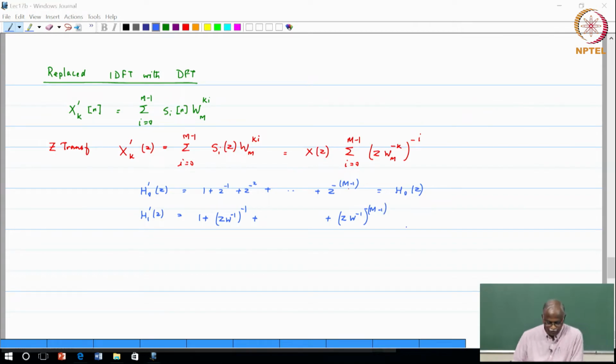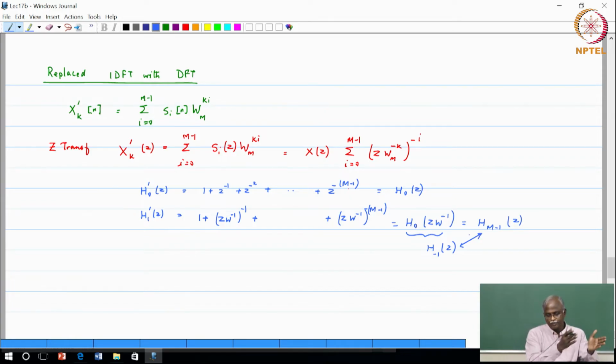And if you simplify, you can show that this is nothing but H naught of Z W minus 1, which in our terminology would actually be H of m minus 1 of Z, because this itself is as if you are writing H of minus 1 of Z, and these two are the ones that are linked. Basically, whatever you call as minus 1 already has a name, that is H of m minus 1.